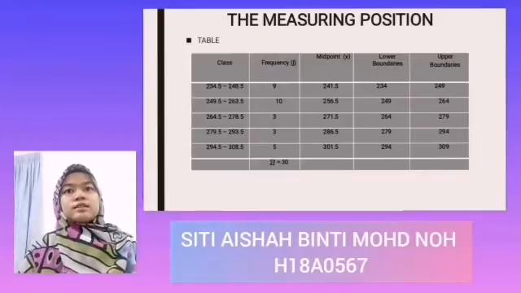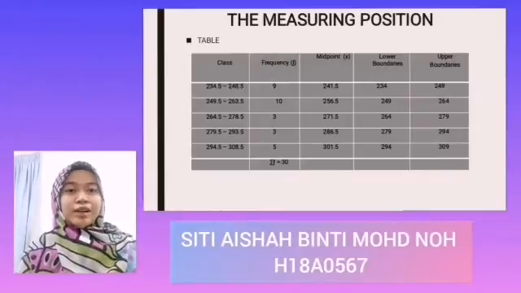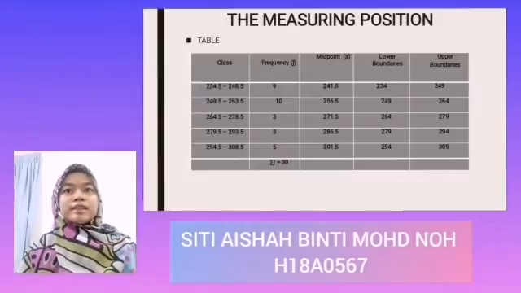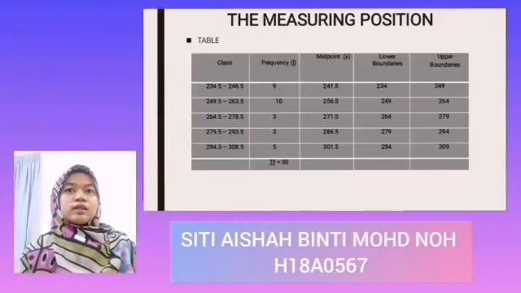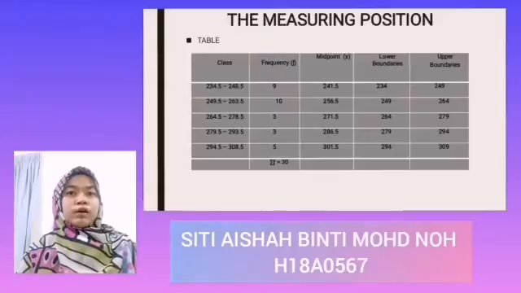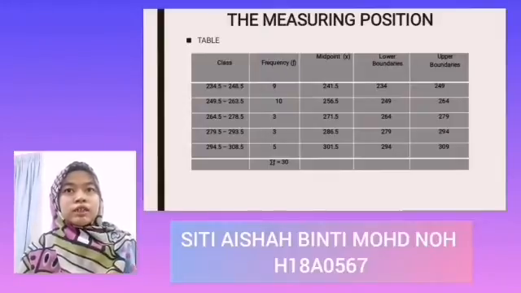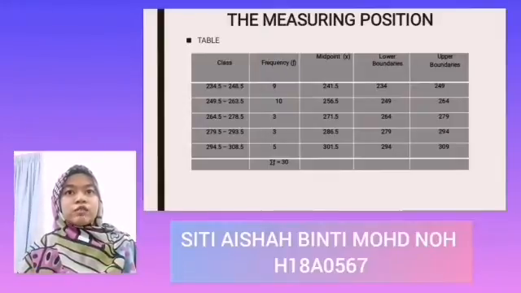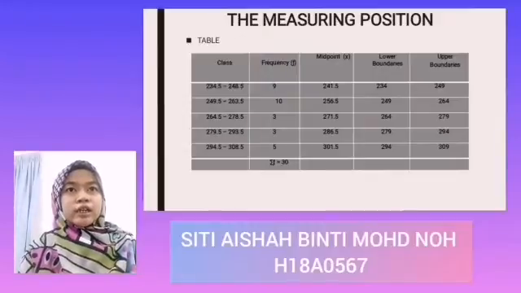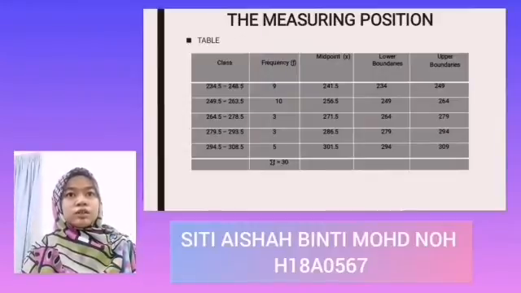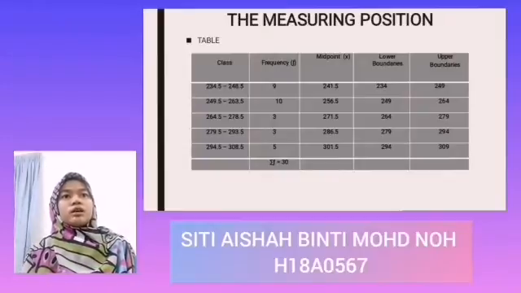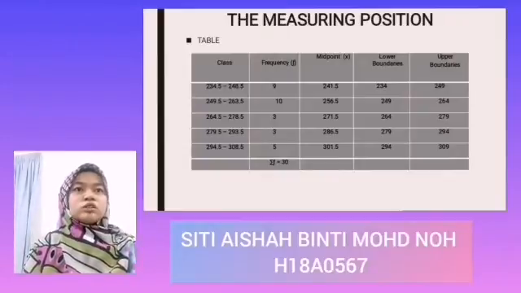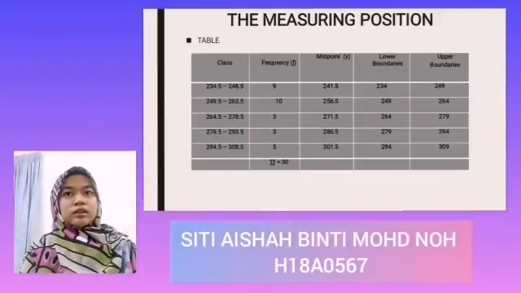For the third class, 294.5 until 278.5. The frequency is 3. The midpoint 271.5. Lower boundary 264. Upper boundary 279.